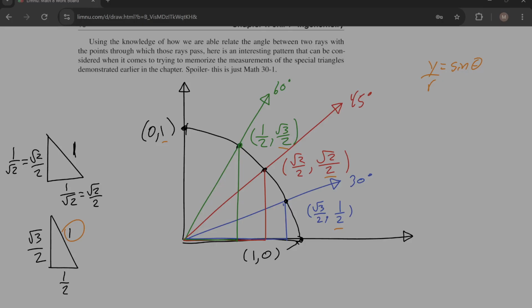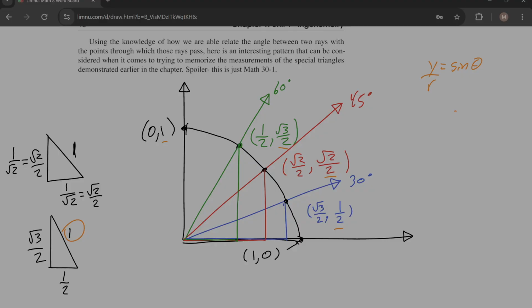Watch this pattern. At 0 degrees, our y value is just 0. Then it goes 1/2, root 2/2, root 3/2 to 1. I like to think about this as saying, starts at empty, you go 1, 2, 3 to full. And that's kind of handy because it's just counting 1, 2, 3.